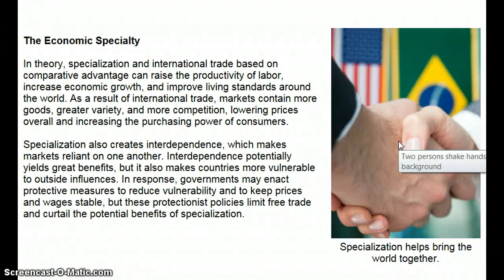The economic specialty. In theory, specialization in international trade based on comparative advantage can raise the productivity of labor, increase economic growth, and improve living standards around the world. As a result of international trade, markets contain more goods, greater variety, and more competition, lowering prices overall and increasing the purchasing power of consumers.